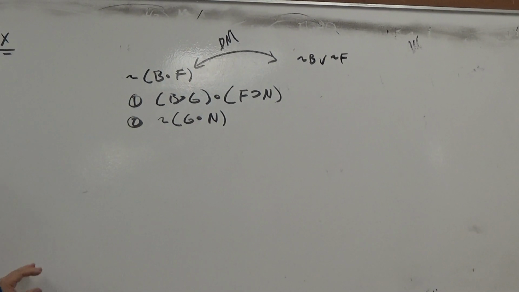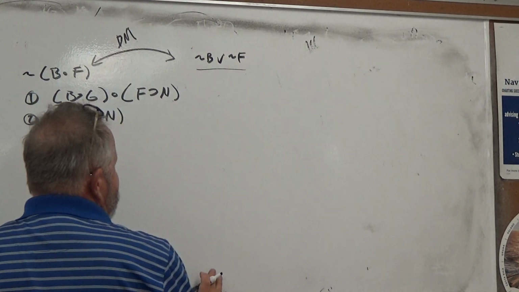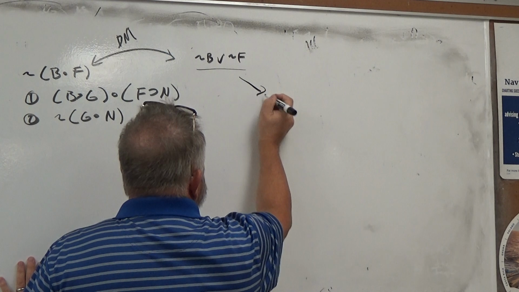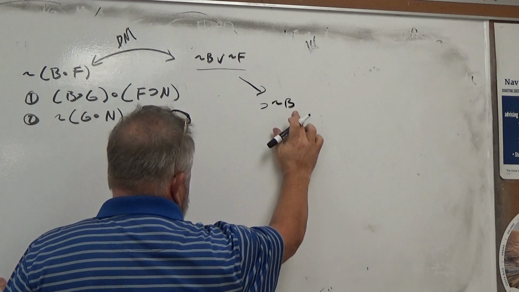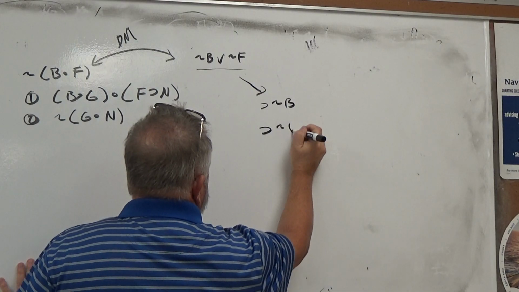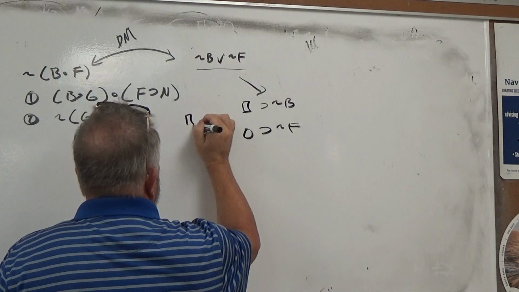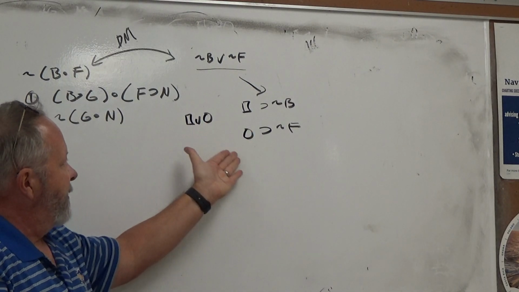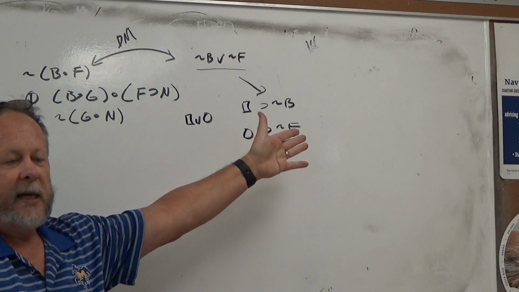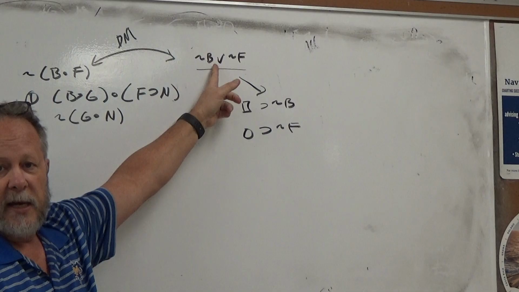And one thing I noted is when you're trying to prove a disjunction and you don't see it anywhere, if you see each one of those disjuncts as a consequent in a conditional, chances are you can get these 3 pieces and do a constructive dilemma, and that gets you that, okay?